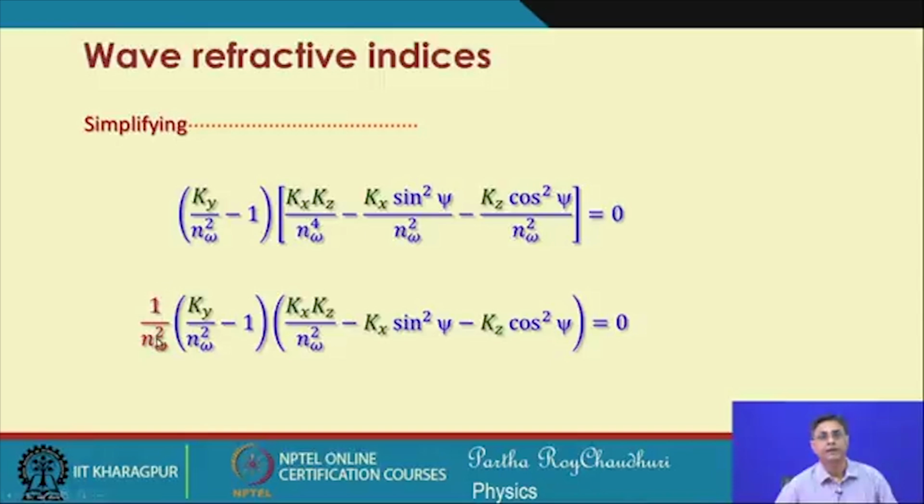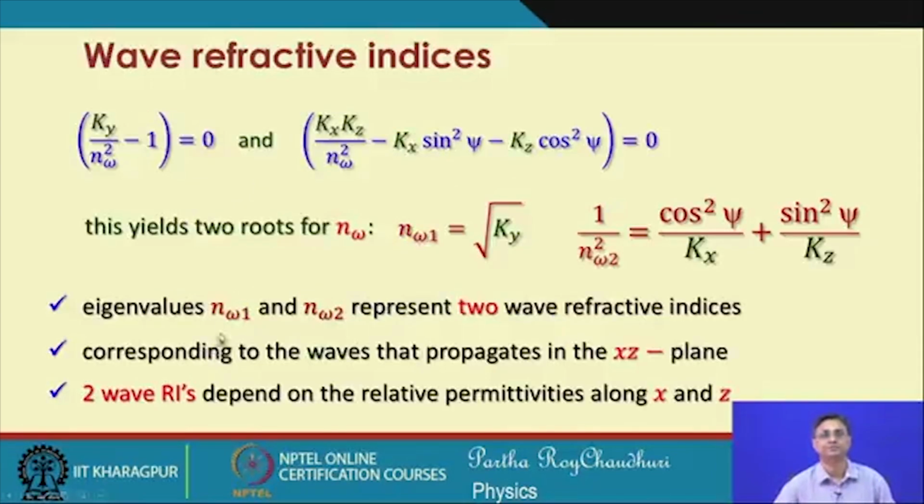So, 1 by n omega square, k y by n omega square minus 1, this quantity could be 0 or this quantity could be as well 0. So, we have two different possibilities. The possibility that this quantity will be equal to 0 will give you a solution for n omega, that is k y by n omega square minus 1 is equal to 0.